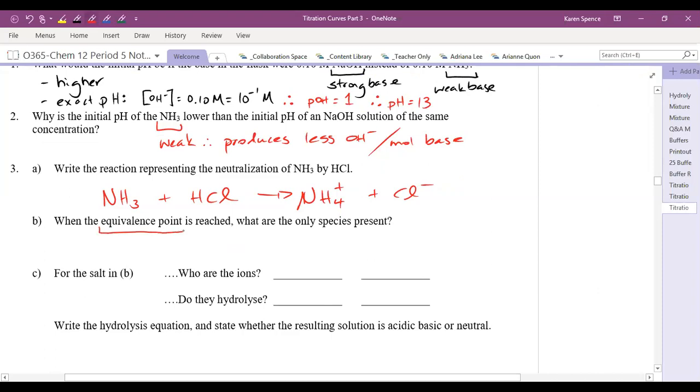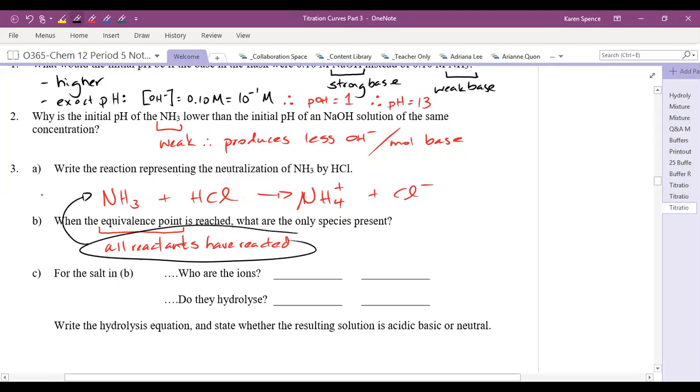At the equivalence point, all the reactants have reacted. So these guys are all gone.